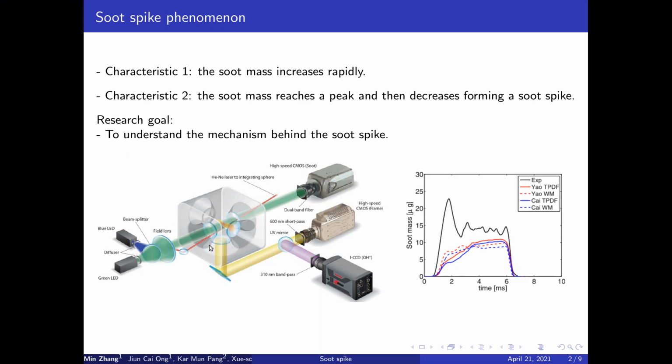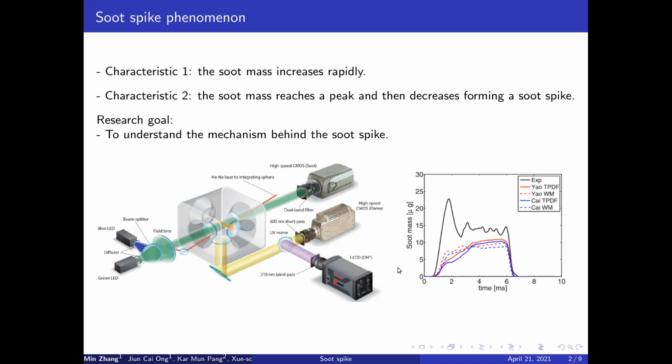As you can see from this picture, it shows the experiment set up from ECN, where the n-dodecane fuel is injected through the inject nozzle to a constant volume chamber. The conditions in the chamber are engine-like conditions.